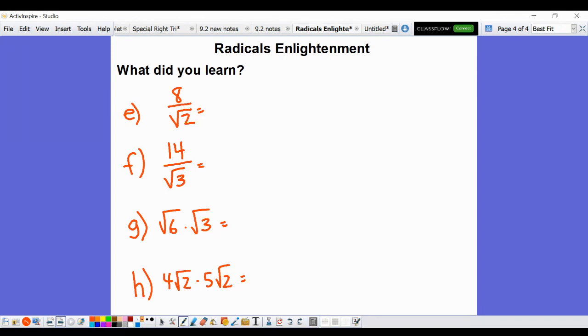I want you to try those and then check the follow-up video to see how those are solved, to really see, do you have a higher comfort level with regards to multiplying square roots by square roots, and what might prove to be the more challenging piece, dividing, like we've got in E and F when you're dividing by a square root. So check out that follow-up to these 8 problems on What Did You Learn?